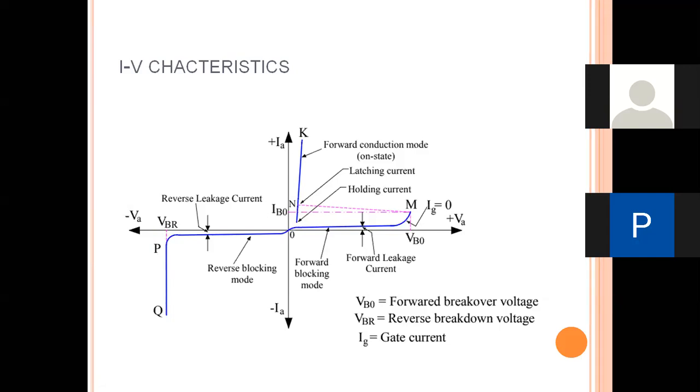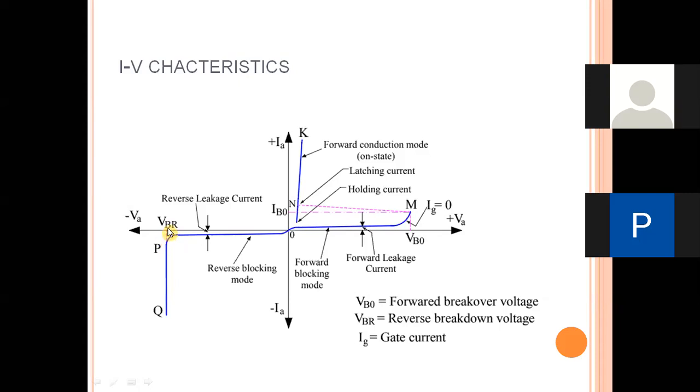So what is this VBR here? The VBR is the reverse breakdown voltage. Whenever the voltage applied between the cathode and anode reaches this particular value or goes beyond it, the device comes to conduction. That is, an avalanche occurs and the reverse-biased junction breaks down.